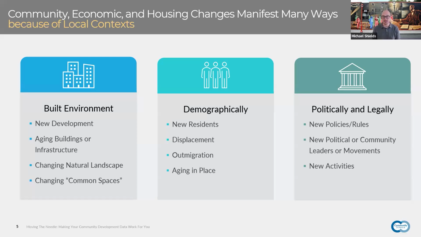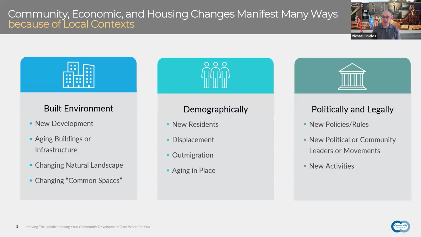And one of the big things that I want to talk about is that these are going to be different depending on the local context or the local places or what are the rules and the norms and the communities in these places going on at a certain time. So, if there is a demand for more housing, that's the macro change that's occurring right now. One community in their built environment may just build, build, build, build, build.